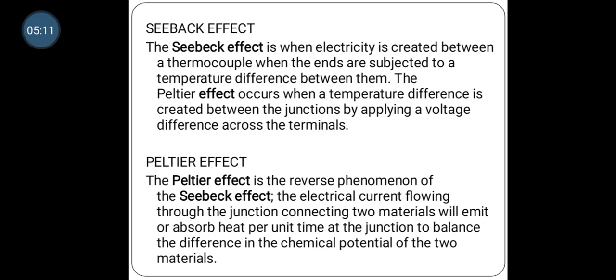According to the Seebeck effect, when two dissimilar metallic wires are connected to form junctions J1 and J2, with J1 at the hot junction and J2 at the cold junction, due to the temperature difference there is production of EMF, that is voltage, and its value is directly proportional to the temperature difference, T1 minus T2.